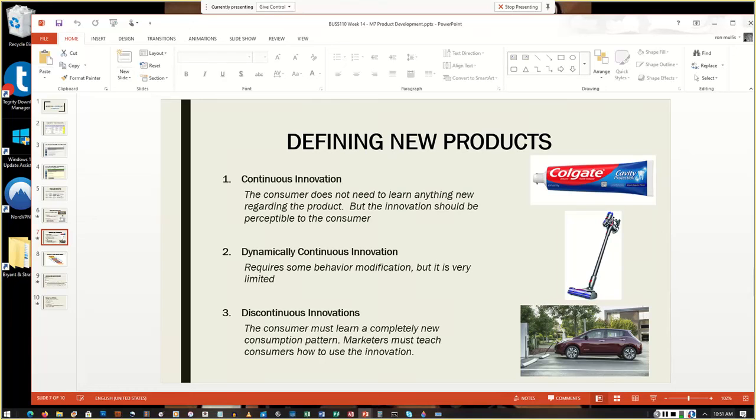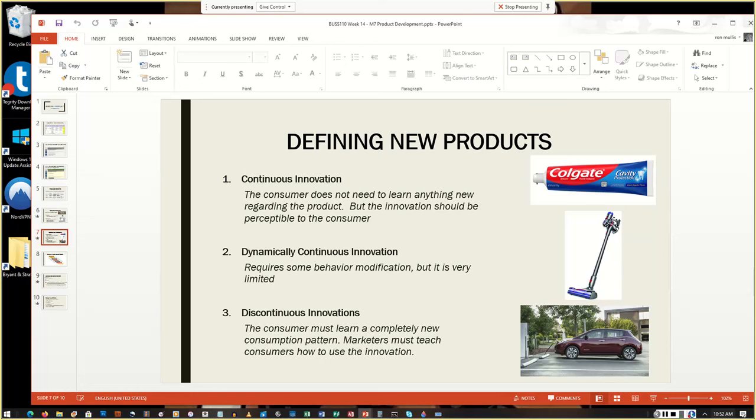An example of that would be something like electric cars. Now, they're starting to get a little bit more popular, but when electric cars first came out, people were unfamiliar with how they actually worked. They didn't understand the true benefits, and they didn't even know where or how they could charge the car, because a lot of gas stations don't have charging stations.